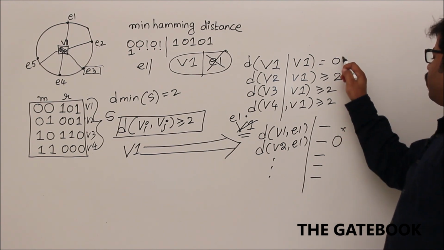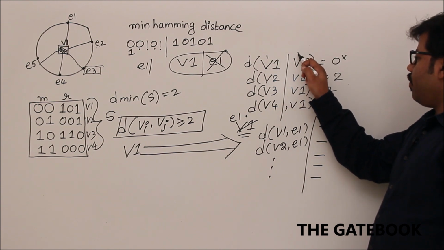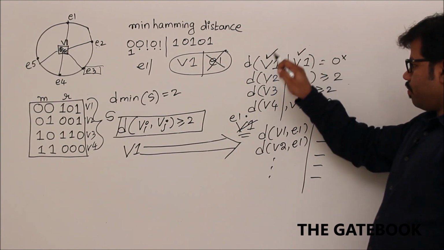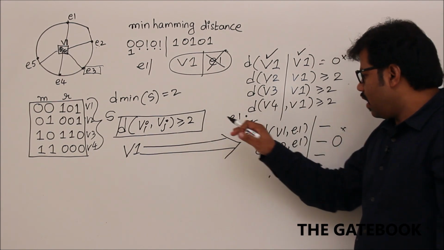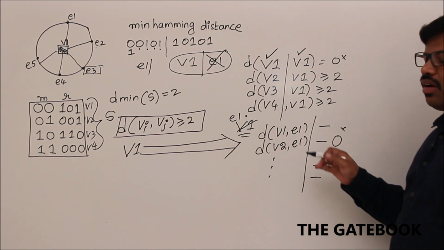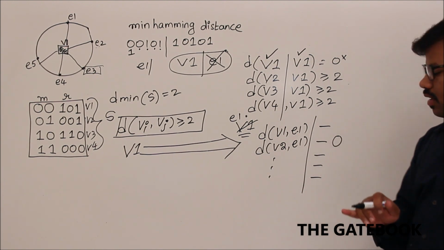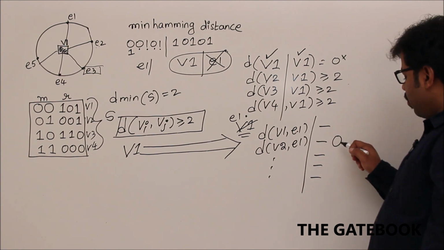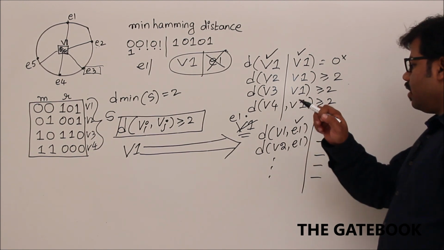Agree or not? Here you have a 0 value because the received message equals one of the valid code words. But here, since E1 is not a valid code word, it will not match anything. So you would never see a 0 entry. Fine. Now this is a landmark. If you don't see any 0 entry, then definitely I can say that it is an error.